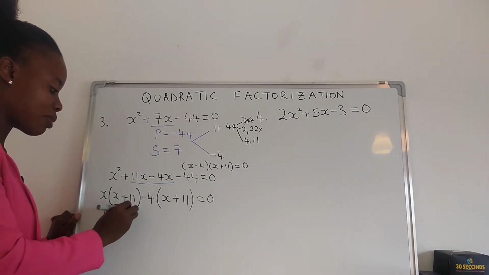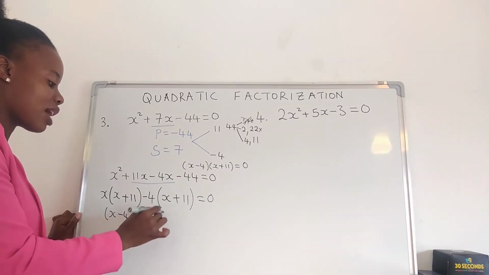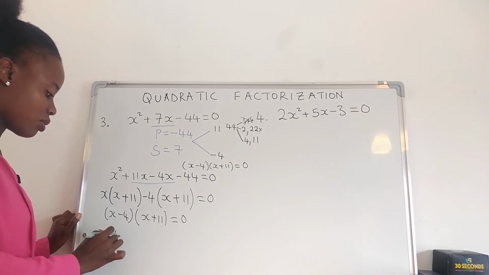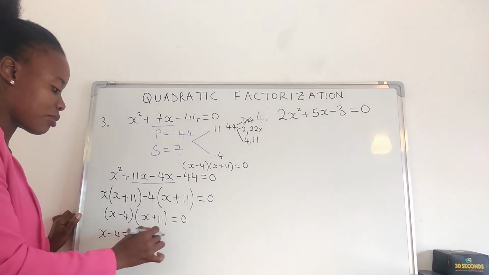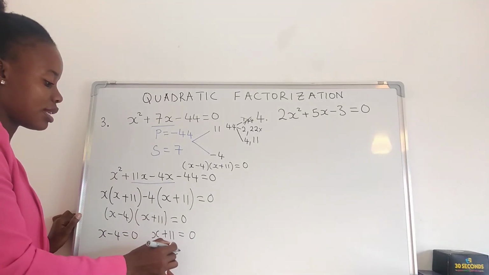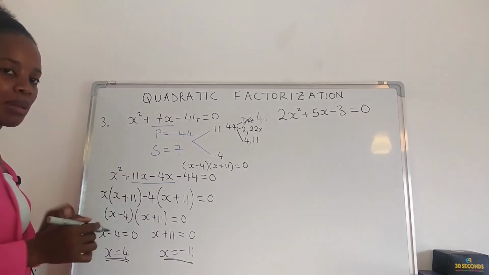The ones inside the bracket that are supposed to be the same, you put them in one bracket. If they are not the same, something is wrong. You equate the first bracket to 0 and the second bracket to 0. So our x is going to be negative 11. Our x is 4. So these are our solutions for number 3.